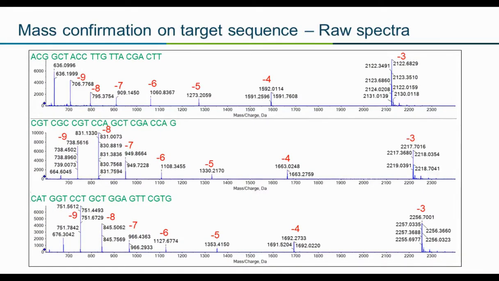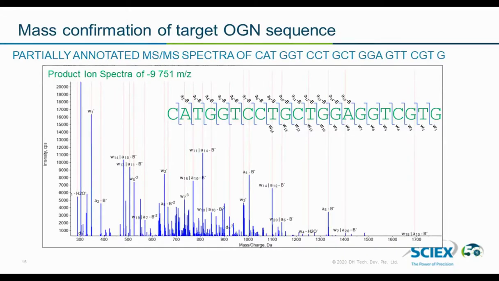You can see the quality of the mass spectrum you get on a QTOF system from SCIEX helps you identify the target sequences and helps you identify failure sequences in your oligonucleotide preparation. And here you can see some examples of how the Q1 spectra change depending on the sequence of the oligonucleotide you synthesized.